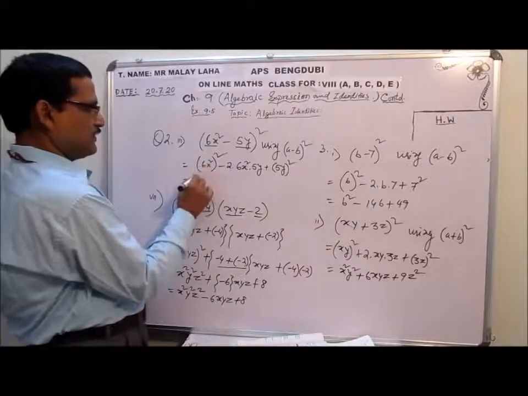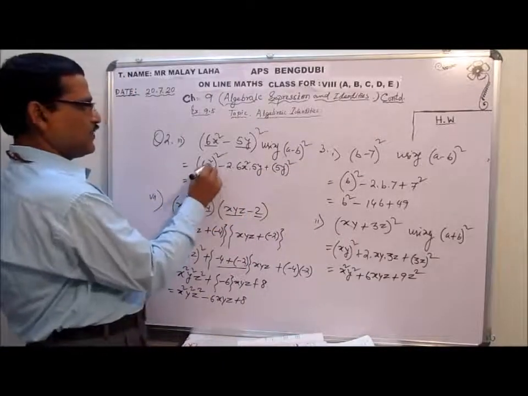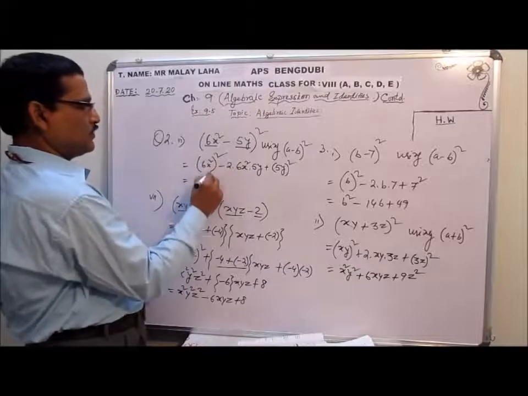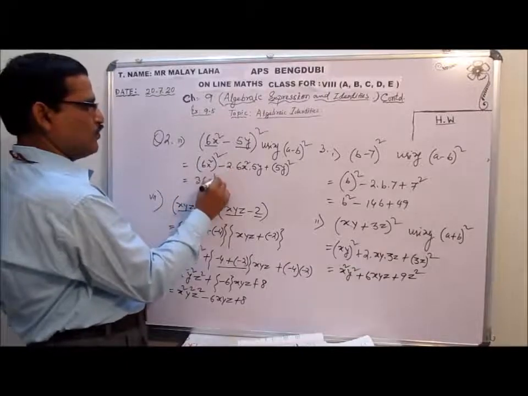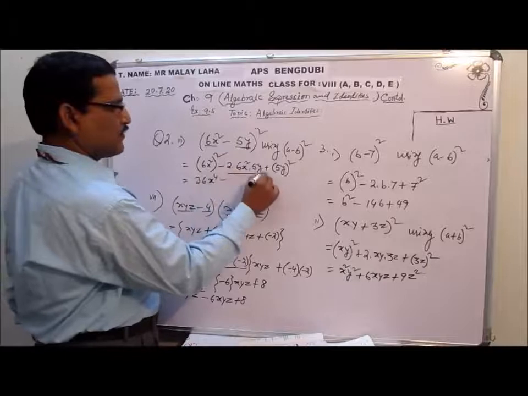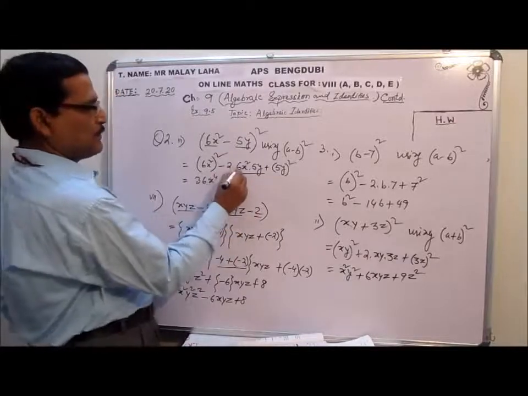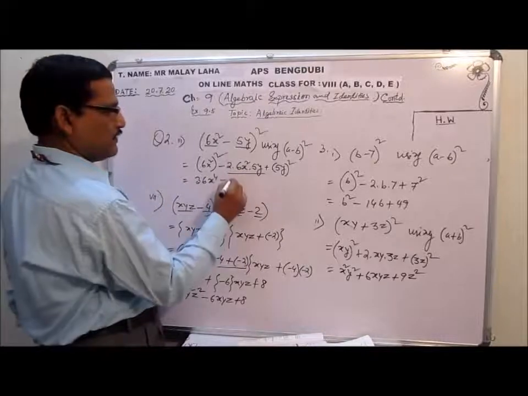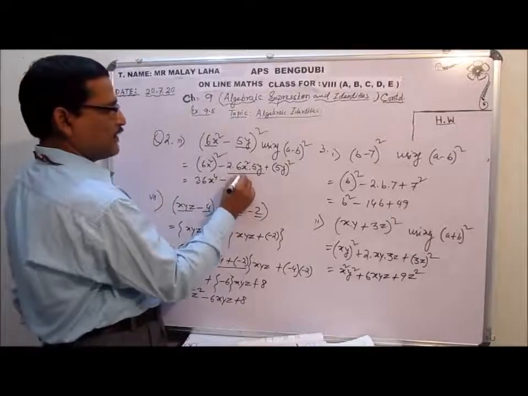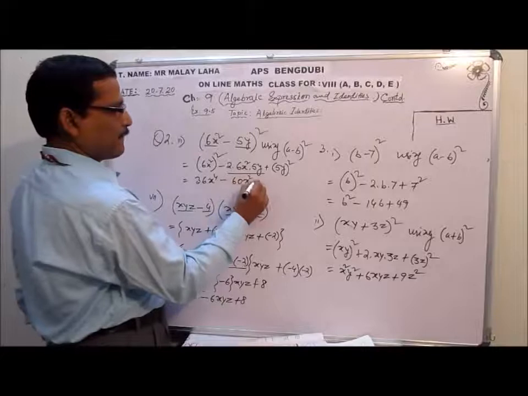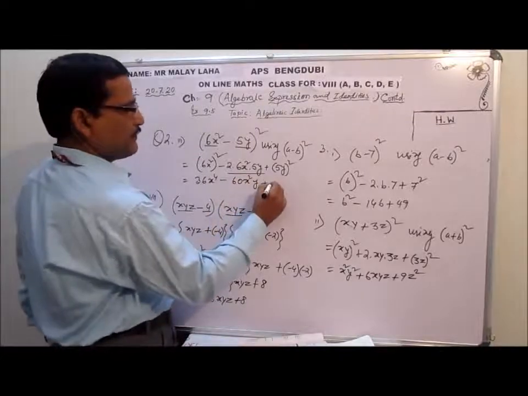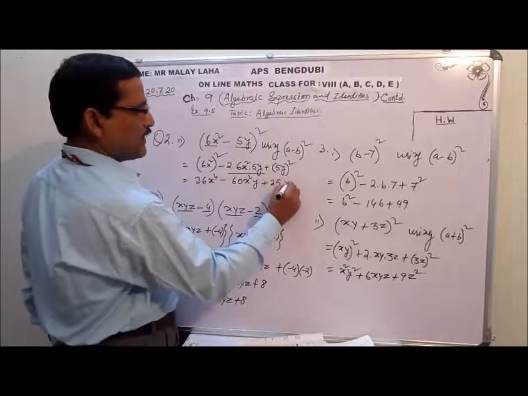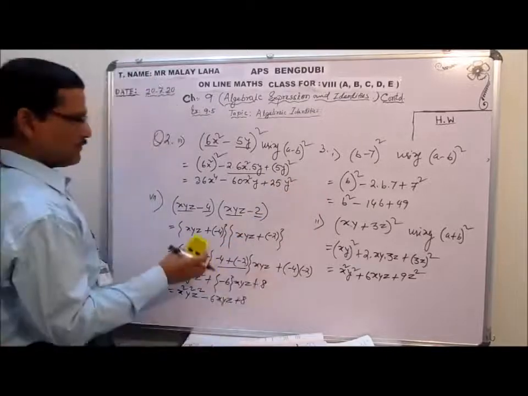Now find out: 6 6s are 36, x square whole square, that means x raised to 4, minus, what is the product? 2 6s are 12, 12 into 5, 60, x square y, plus 5 5s are 25 y square. Any problem?